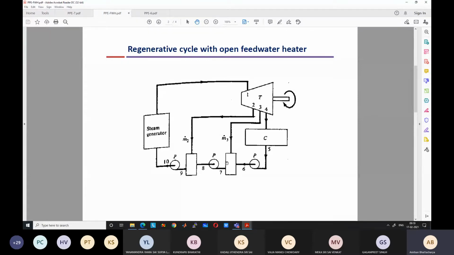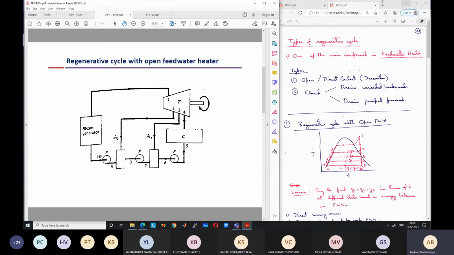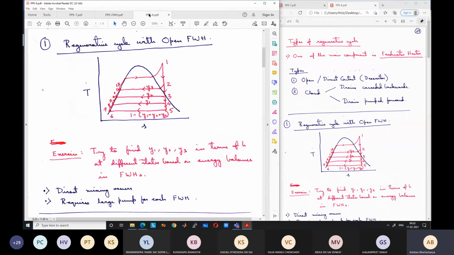Second pump also pumps a large mass of water because the mass is equal to the previous mass plus the additional mass that comes in from here. The third pump also pumps a large mass of water. So each of the pumps is a very large pump in this case. So this open type of feed water heater needs a large pump for each feed water heater. So there are multiple large pumps and associated difficulties in maintaining and running those pumps.